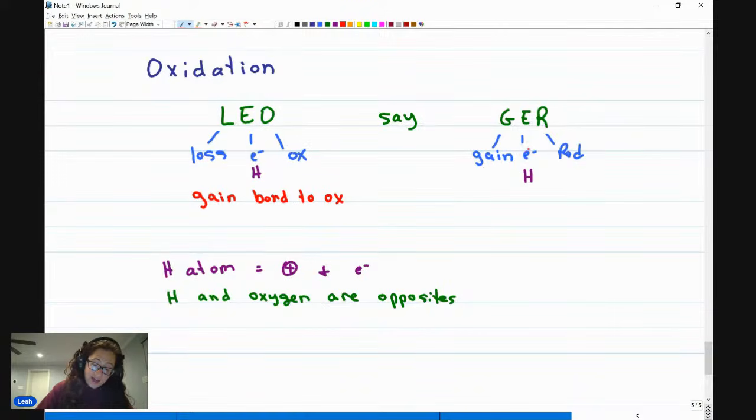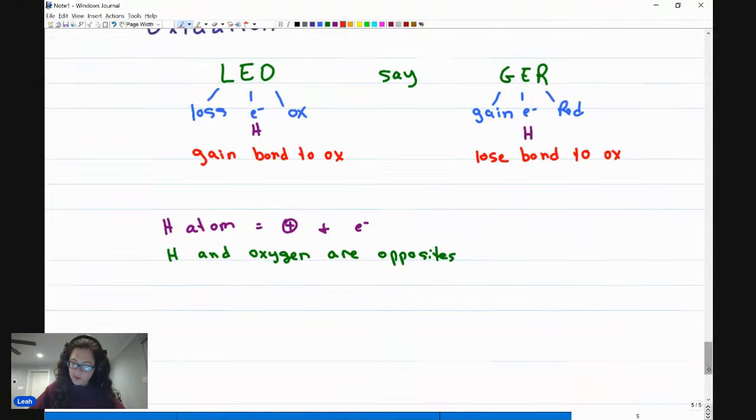And if I gain a hydrogen atom, then I will lose a bond to oxygen. And I am very specific here in calling it bond rather than atom, because I want to show you exactly what is happening when we're looking at oxidation and reduction.